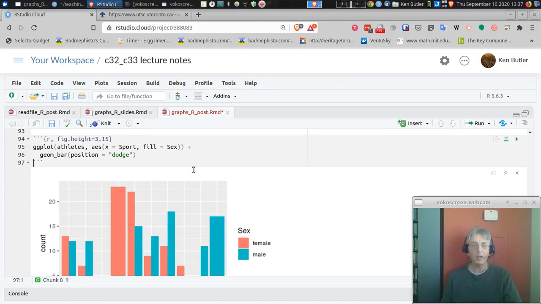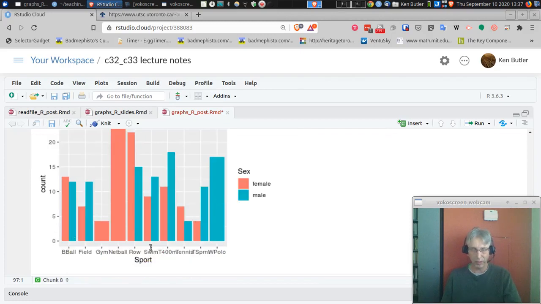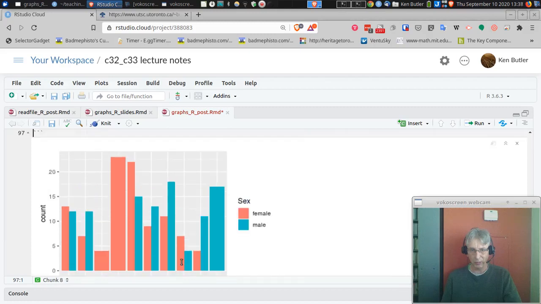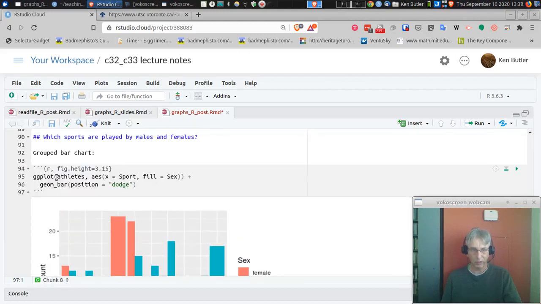So therefore, I should do my fill as sex with fewer categories, so I'm only going to have 2 colors. And I'm going to have 10 pairs of bars. And what that will give me is a comparison within each sport of how many males and females play it. And that seems to be a reasonable way to go. So I think that's the way I want to do it. So I like it this way.